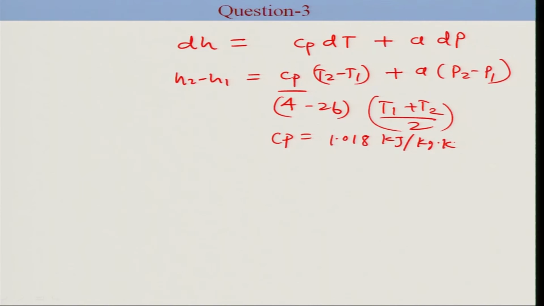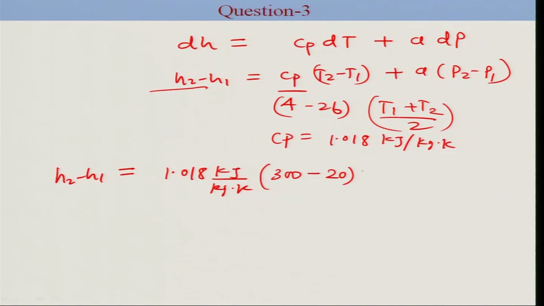After substituting all these values in this expression, we get H2 minus H1 equal to 1.018 kilojoule per kg Kelvin times delta T, which is 300 minus 20 Kelvin, plus the value of A, which is given as 0.01 meter cube per kg, times delta P, which is 600 minus 100 kilo Pascal.